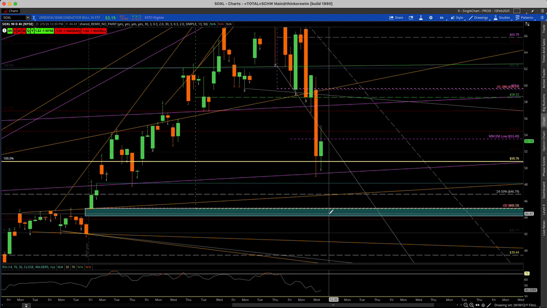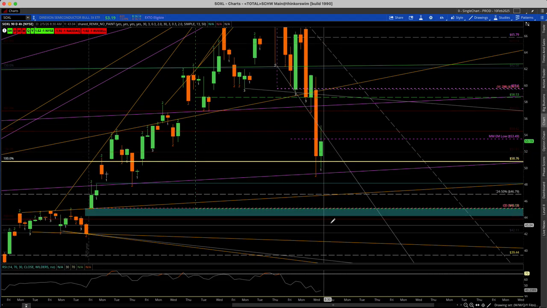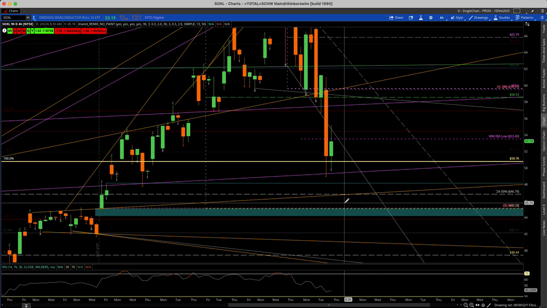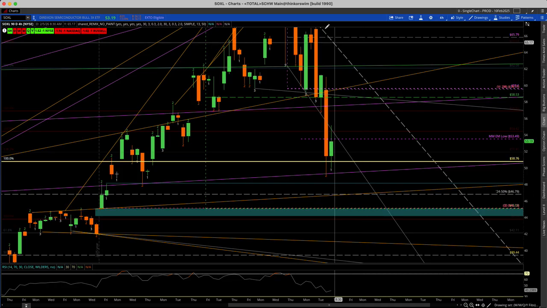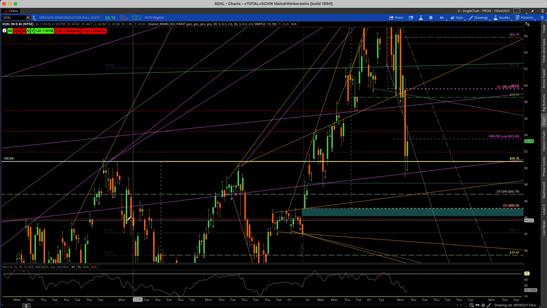So got a couple of targets to the downside, but those targets that we're talking about are also areas of support, or looking to be areas of support, because we're coming from above this time instead of from below like we had all of 2025, right?